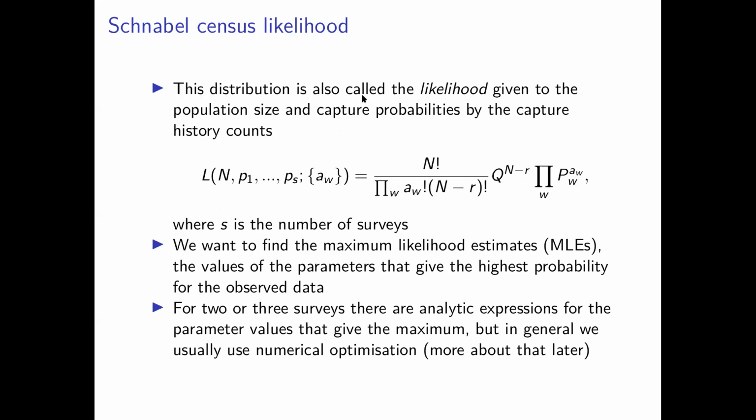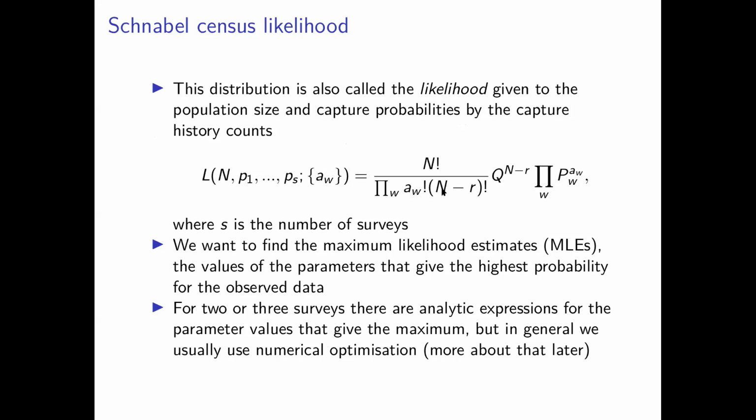So this distribution is also called the likelihood given to the population size and capture probabilities by the capture history counts. So these are our data, and these are our parameters. So the data is giving a likelihood to any particular value of the parameters, which you express in this way. You have L for likelihood, and then your parameters, and then a semicolon, and then your data.